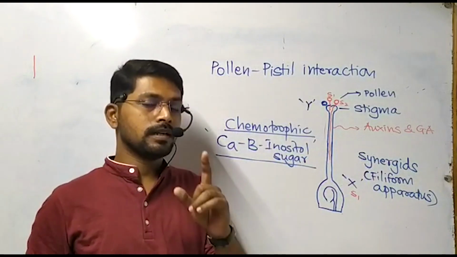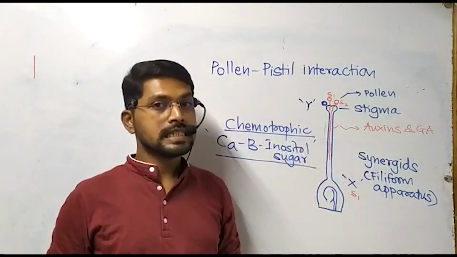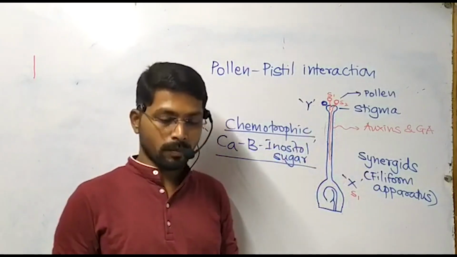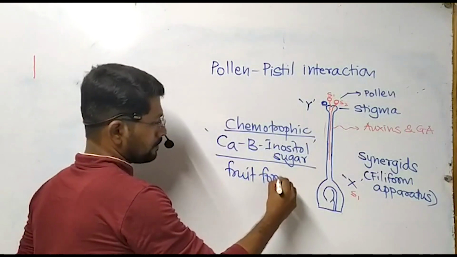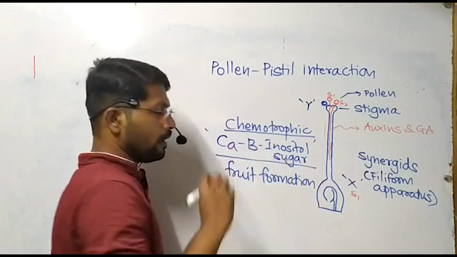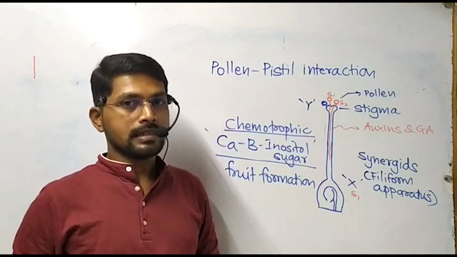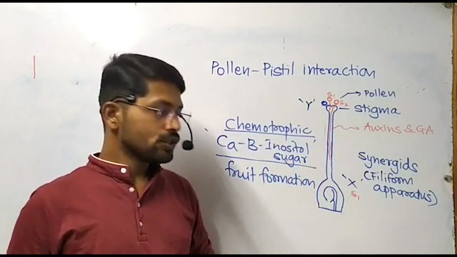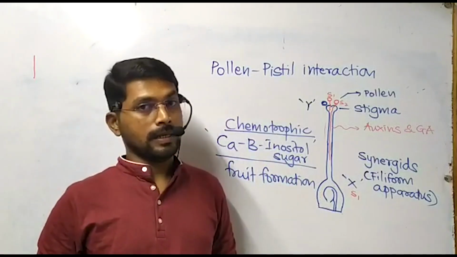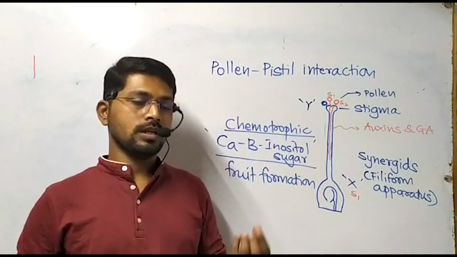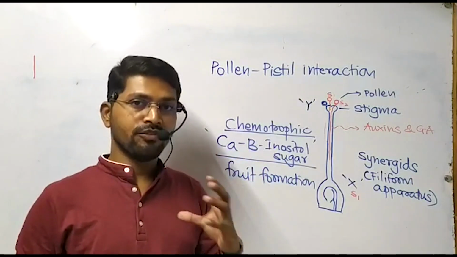Now see, this part is very essential to understand. Pollination is considered as the signal for fruit formation. You are already aware that after pollination, fertilization occurs, and after fertilization, the ovary is converted to fruit and the ovule is converted to seed. At the time of fruit formation, the small ovary increases in size to produce the fruit.